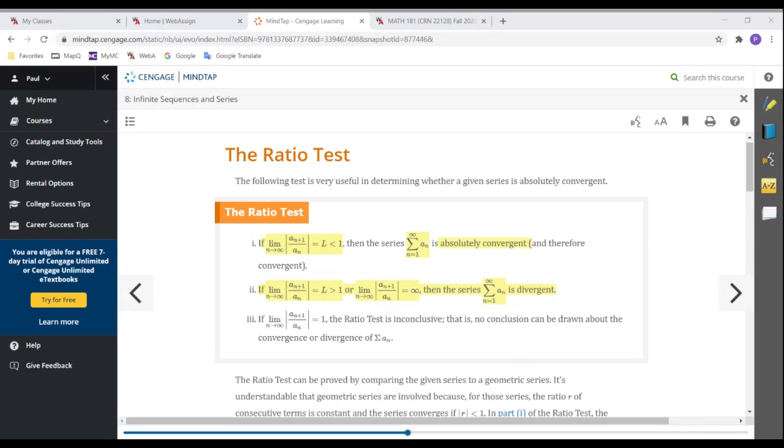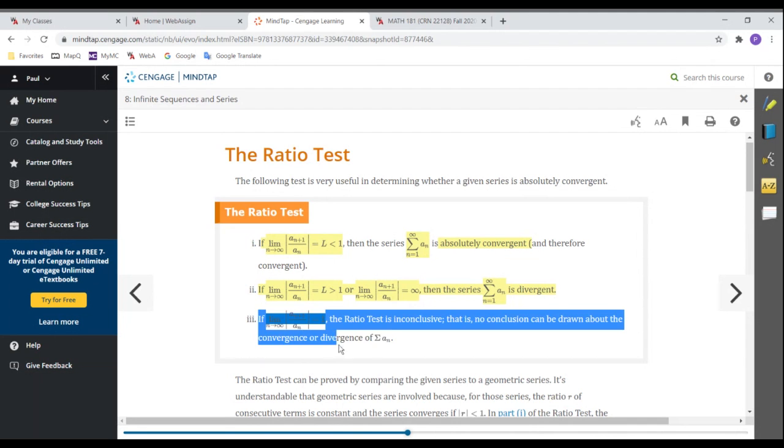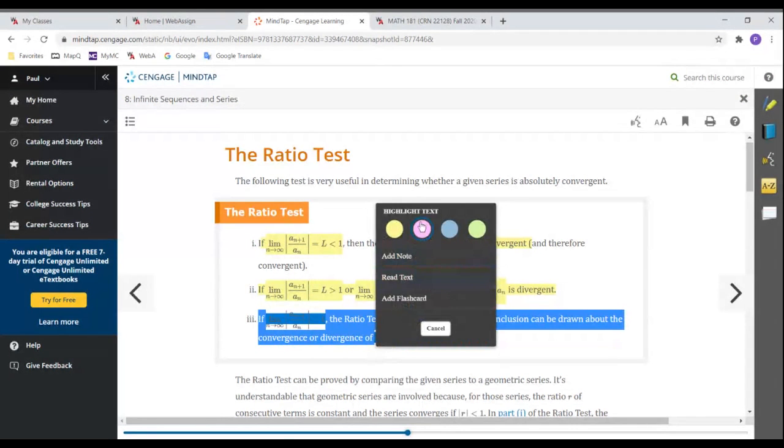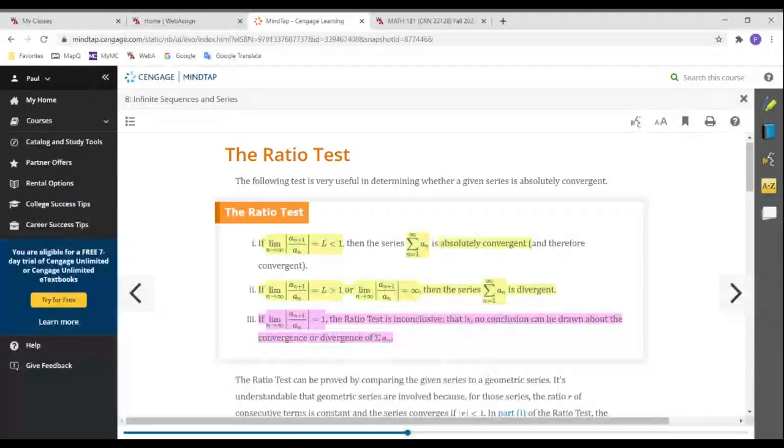Now the third statement here says this. If the ratio of the n plus first term to the nth term, in other words, if the ratio of a term in your series to the previous term, as n goes to infinity, equals 1, then the ratio test is inconclusive.